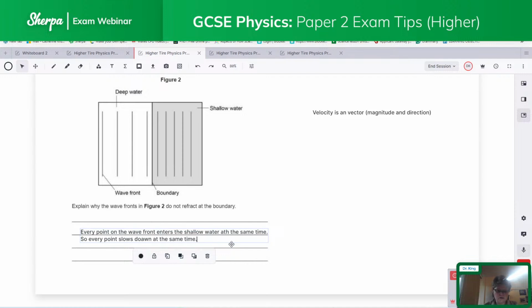So that does not cause a change in direction, because all points on your wavefront feel the effect of shallow water at the same time, and all of them slow down at the same time.